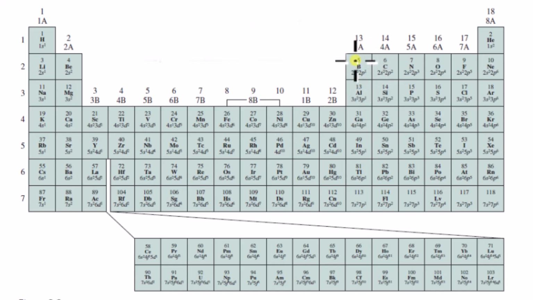And it's the same for every element in this column. There's 3 outer electrons. And so that's the purpose of this numbering scheme. 4B, 4A, there's 4 outer electrons. Same with 5B, 6B, 7B.